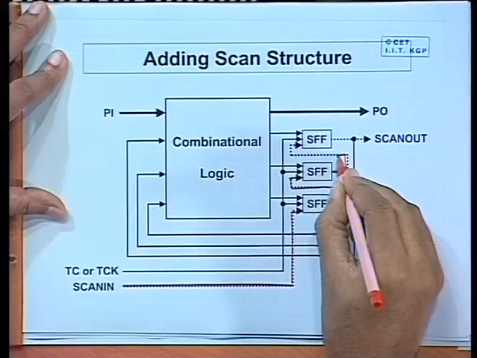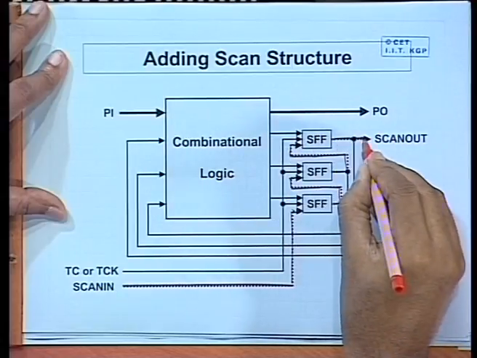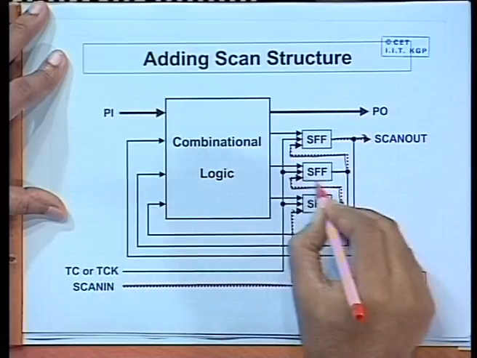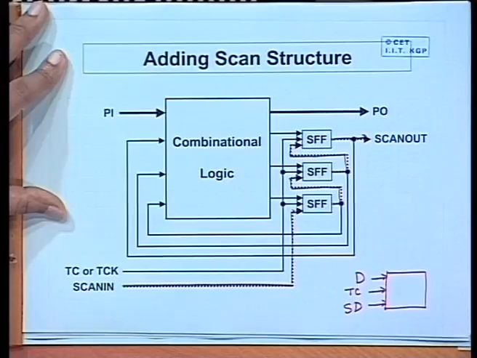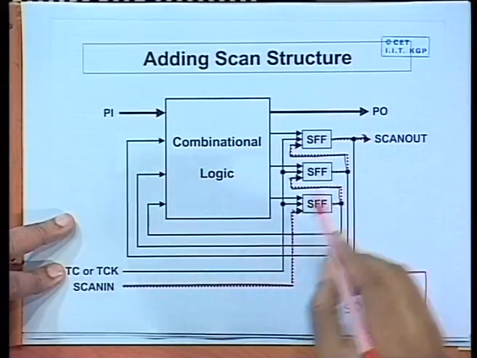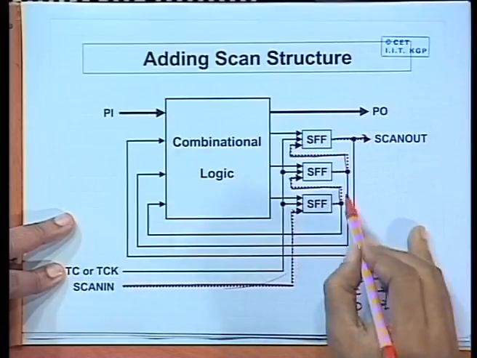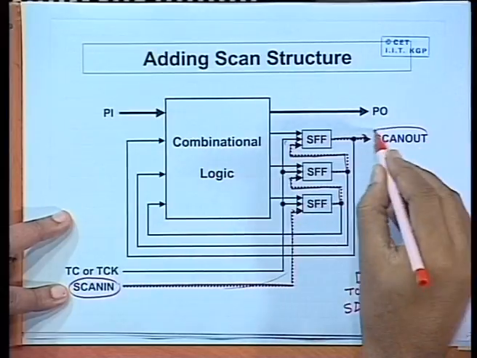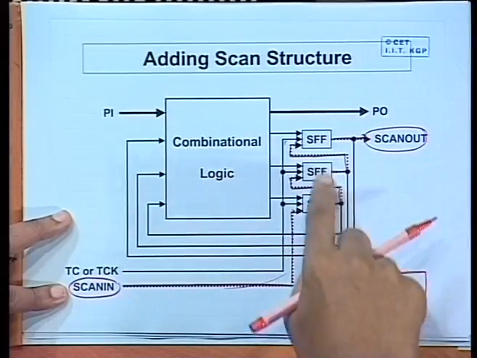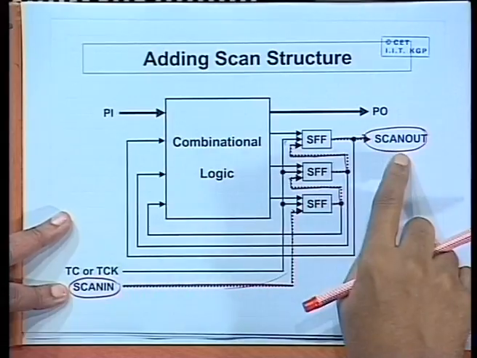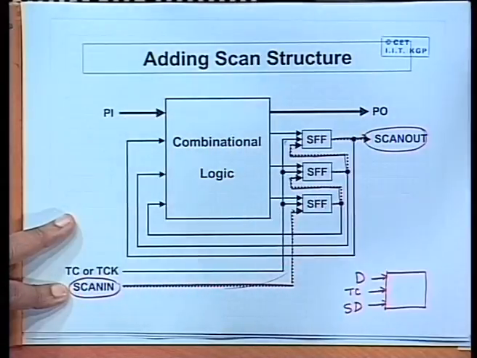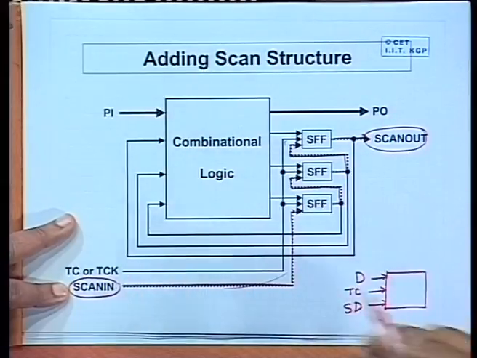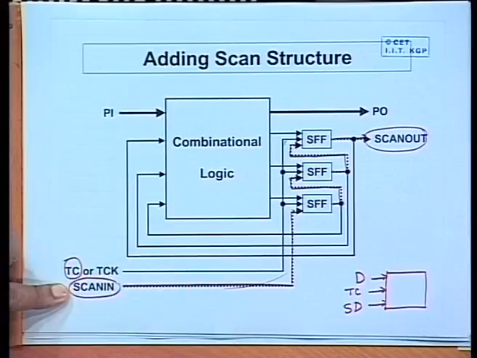The output of this is feeding the next SD, and in this way, through SD, these flip flops are changed into a shift register. Whenever TC sets the circuit to the test mode, the flip flops are all in the form of a shift register. There is a scan in and a scan out, through which you can feed data and observe. Scan in and scan out can be some of the primary input and primary output pins also. If you have extra available pins, you can use them in a dedicated way, but TC must be a separate pin.